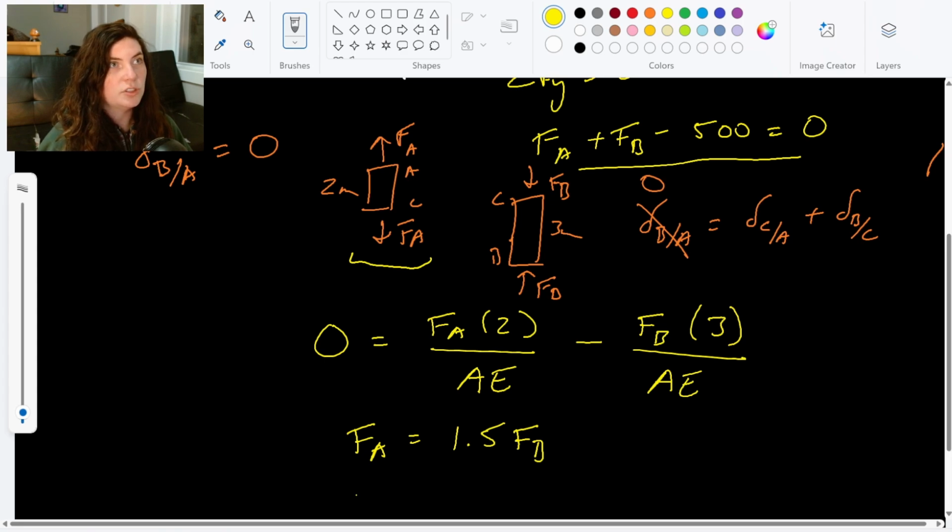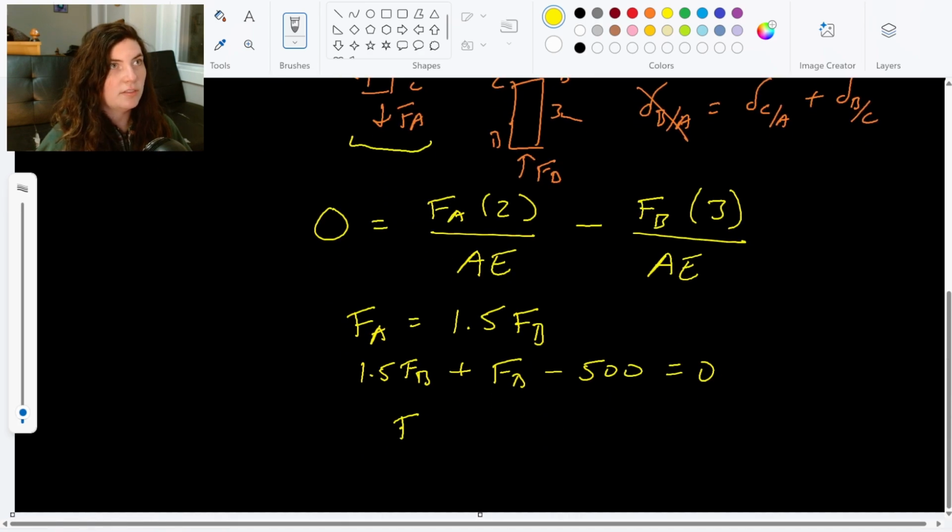So I can substitute that in. 1.5 FB plus FB minus 500 equals 0. And when I solve that, I get FB is 200 newtons and FA is 300 newtons.